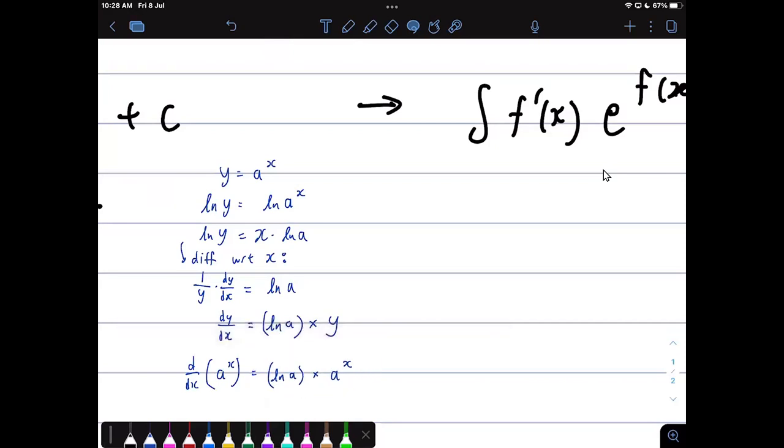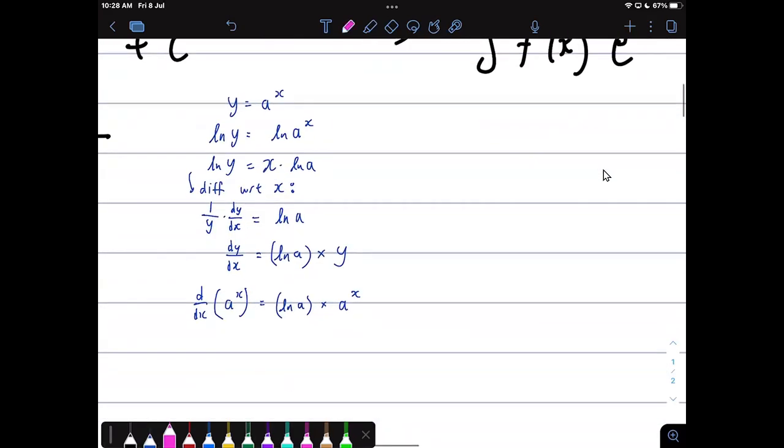So if I want to integrate a to the power x, what happens? I just need to integrate both sides. Then they will cancel off. I'm left with the integral of ln a multiplied by a to the power x dx is just a to the power x.